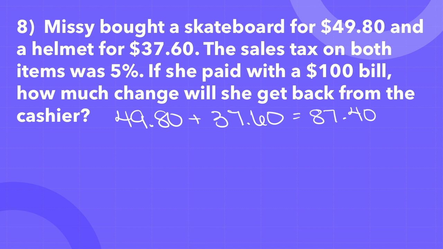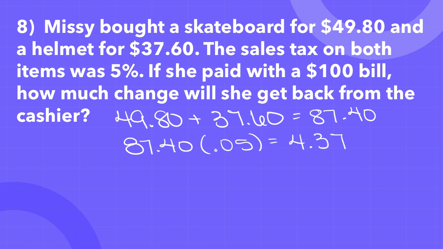Because tax and discount are different. Okay, yeah, I think I got it from the basic discount. Okay. Marley? So I set up my proportion, and I did x over 87.4 equals 5 over 100. Okay, so you found 5% of the 87.40. What did you get when you did your math? I got 4.37.